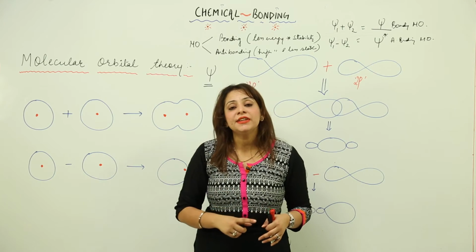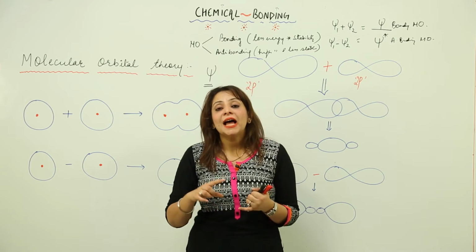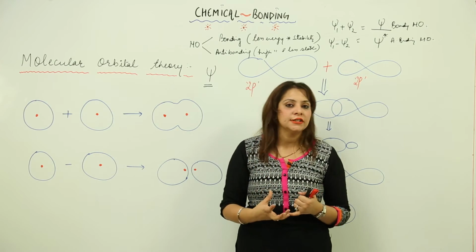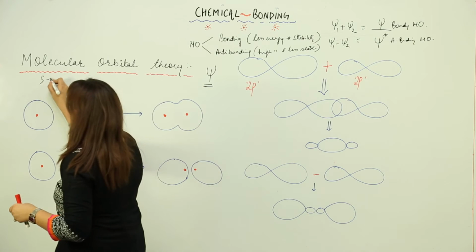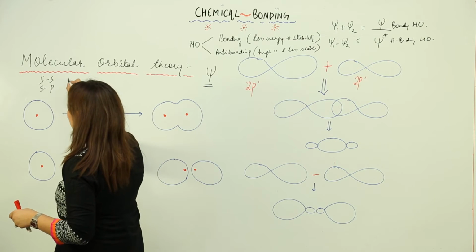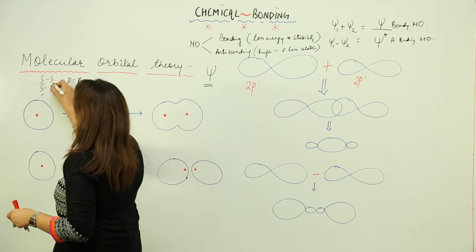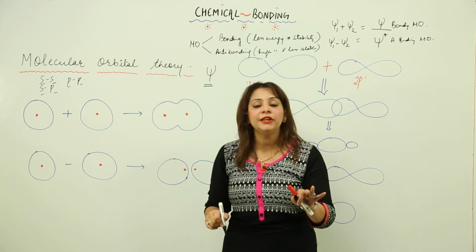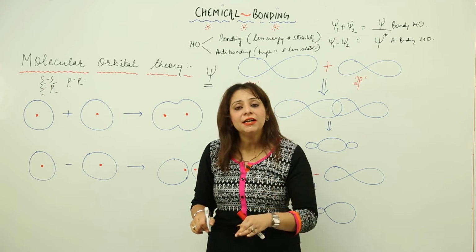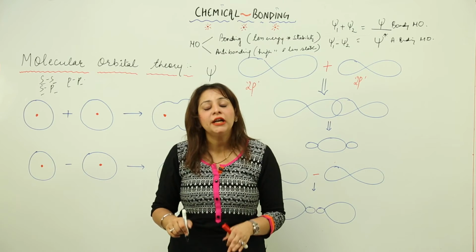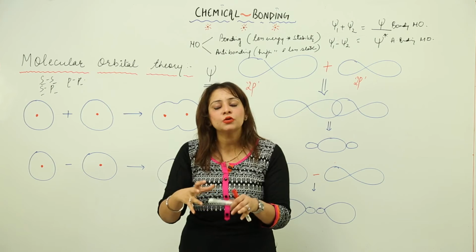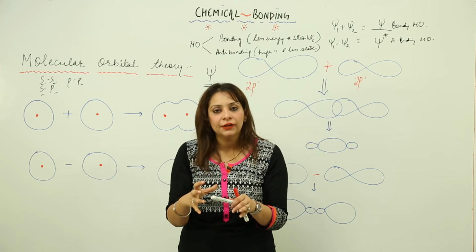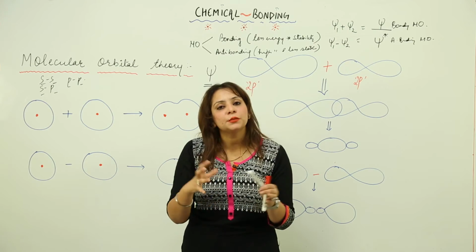On the basis of that, I told you that only a few combinations are possible: s-s can combine, s-p can combine, and p-p can combine. Only three kinds of combinations are possible if we need to form a sigma bond. So here also I am going to form a sigma bond. The only difference is that in one case I will be adding the psi wave functions, and in the other I will be subtracting, right.